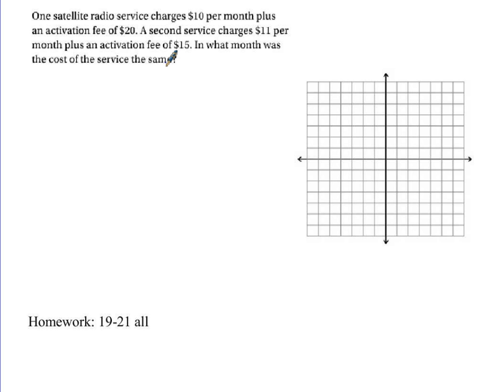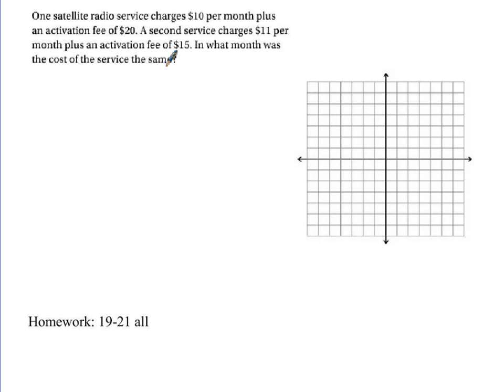Where do we start? Before I can even graph it, we got to make our equations. How do I make my equations? Starts with a D. What? Donuts?